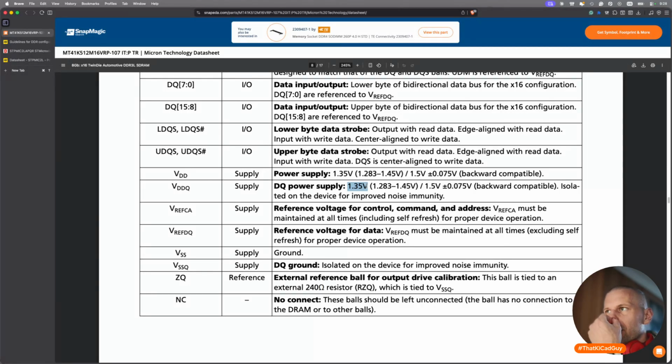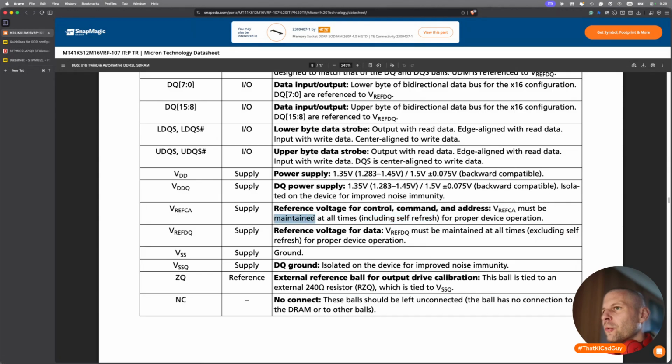I will connect these on the separate outputs of the PMIC because I don't know how to manage the excluding self-refresh and including self-refresh. And what does it mean maintained?